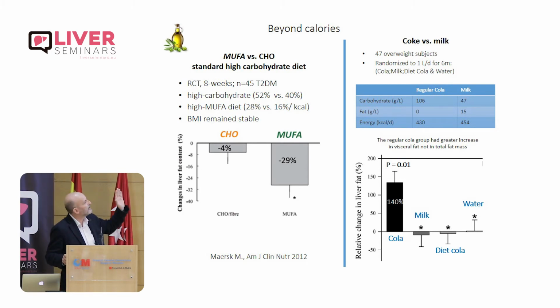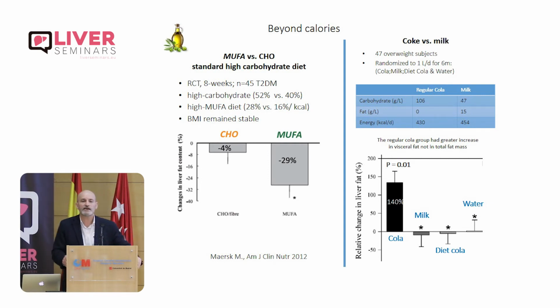In this study, in 45 diabetic patients, 8 weeks, with a high carbohydrate, low fat diet versus a normal fat diet but rich in monounsaturated fatty acids, olive oil, you can see how olive oil promotes a reduction in the percentage of fat concentration using magnetic resonance spectroscopy by 29%, in comparison with a low fat diet that decreased just 4%.